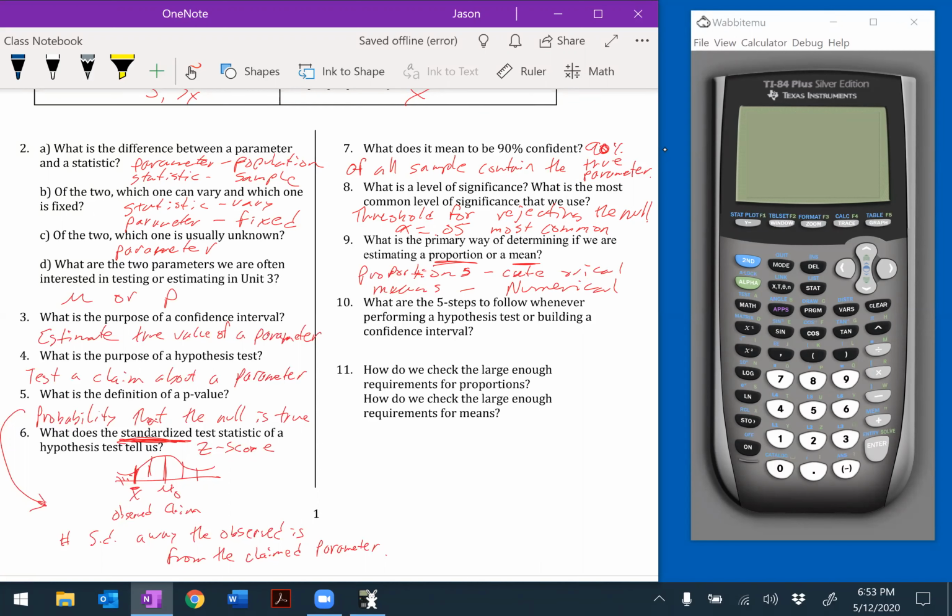Okay, what are the 5 steps to follow whenever performing a hypothesis test or building a confidence interval? We just went through a lot of that. Define the hypotheses. Number 2, state the test.